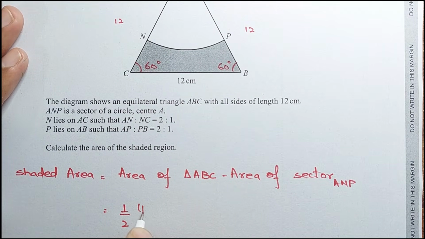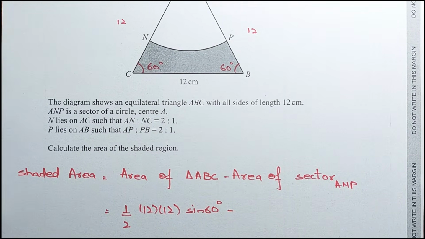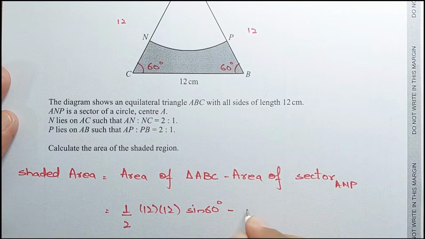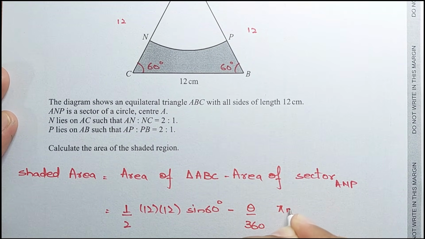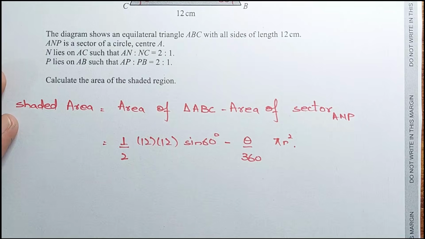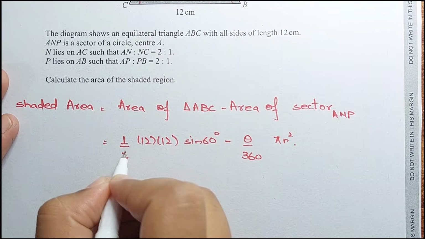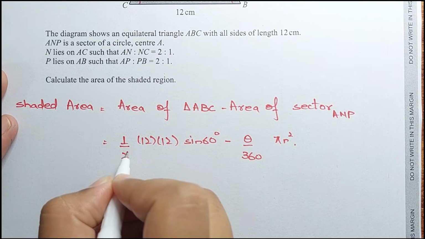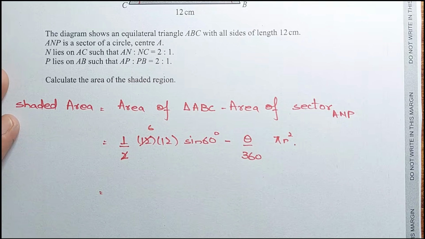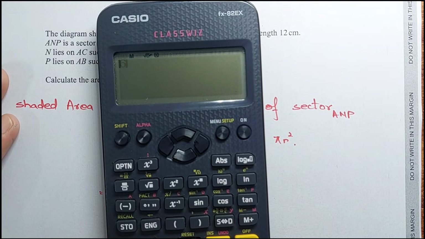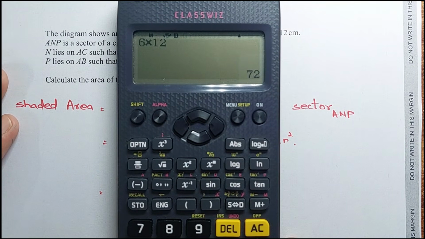The two sides are 12 and 12, and sine 60, minus the area of a sector, which is theta over 360 times pi r squared. Half of 12 is 6, and 6 times 12 is 72, times sine 60 degrees.